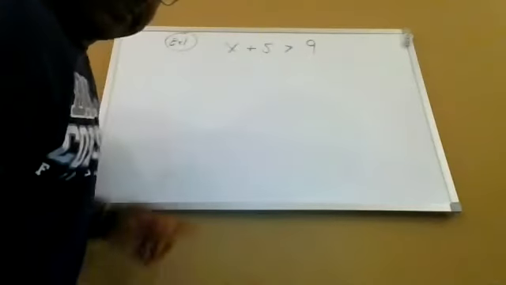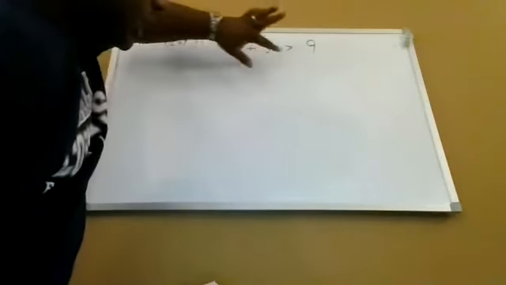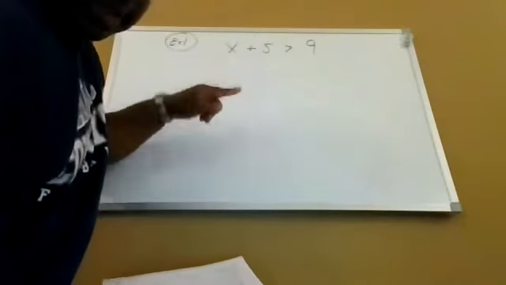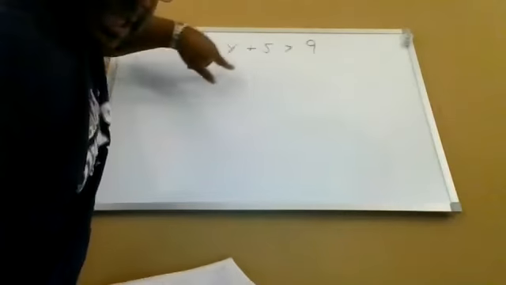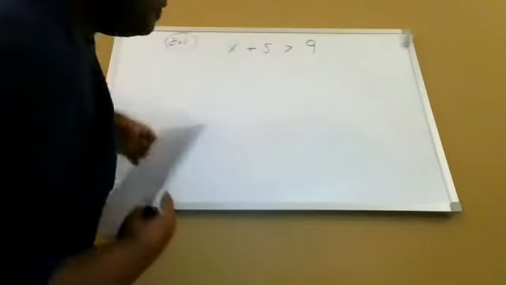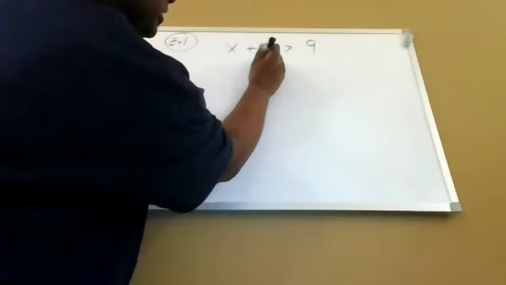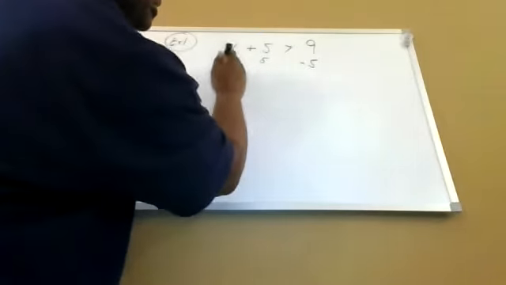And we're going to solve this for x just like we would if this were an equal sign, which means we want to get x by itself. So in order to get x by itself in this inequality, we're going to subtract 5 from both sides. So I'll subtract 5 here, subtract 5 here.